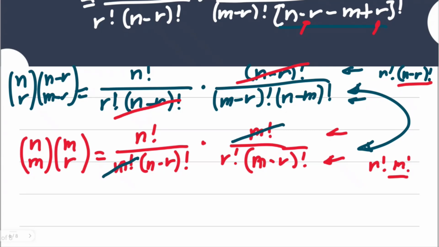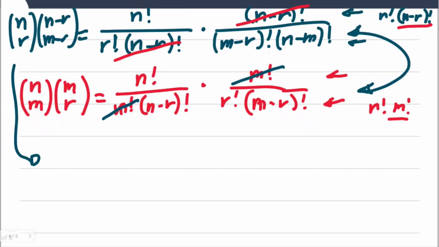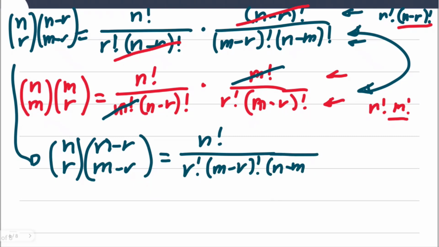Let's talk about the blue. This is again n combination r times n minus r combination m minus r, which will result to n factorial alone because this is already simplified, over r factorial, m minus r factorial times n minus m factorial.